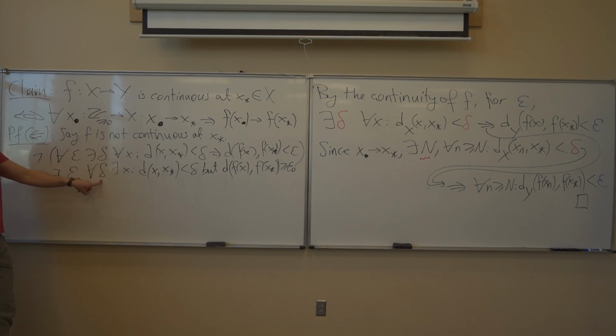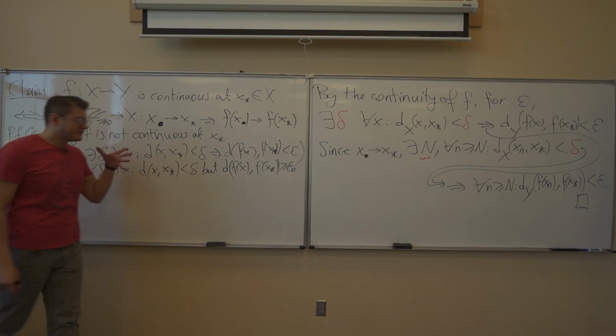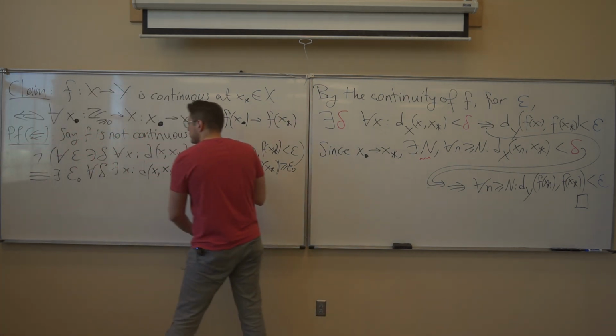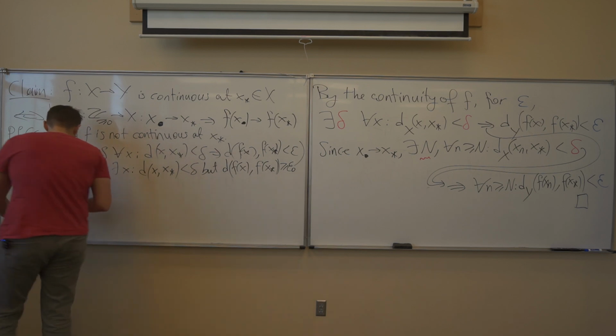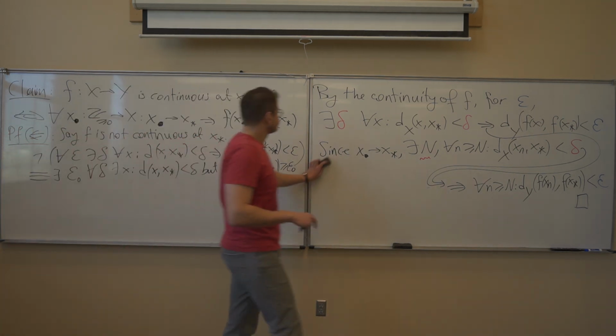And the only thing you can move here is this, initially speaking. So let's do this. Delta equals 1. For delta equals 1, I have some x, okay? Let's call it x1, and so on.